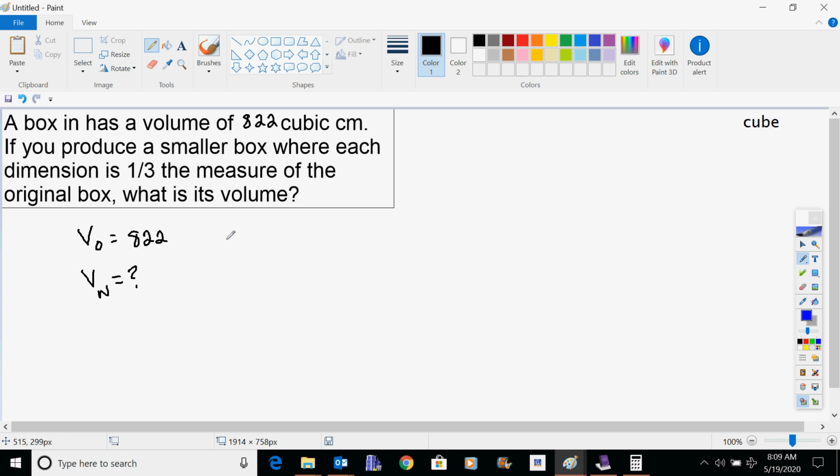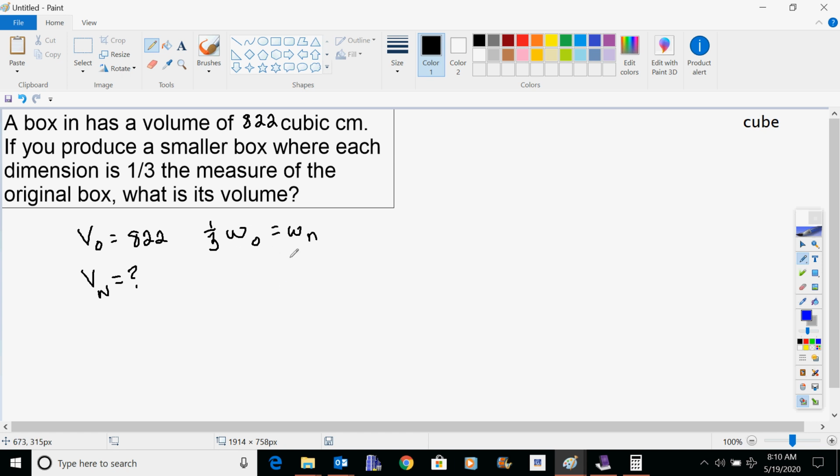Okay, the width of the original, we're producing a smaller box, so that the width of the new one is 1/3 of the width of the original box.